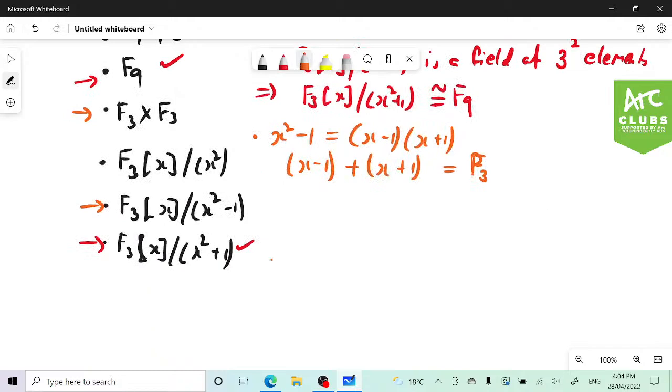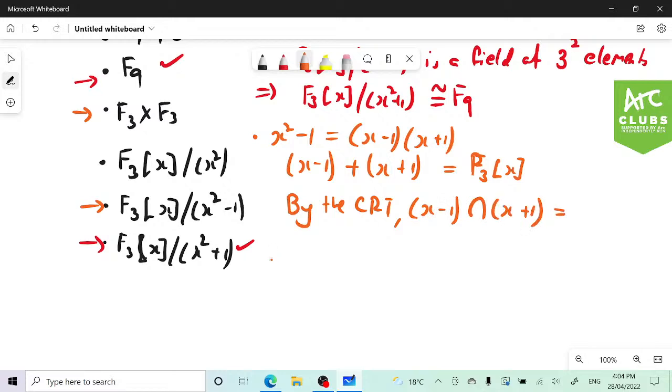It generates 1, and as a result, it has to generate the entire ring here. So we can apply the Chinese remainder theorem. By the Chinese remainder theorem, the intersection of the ideals is precisely the ideal generated by x squared minus 1.